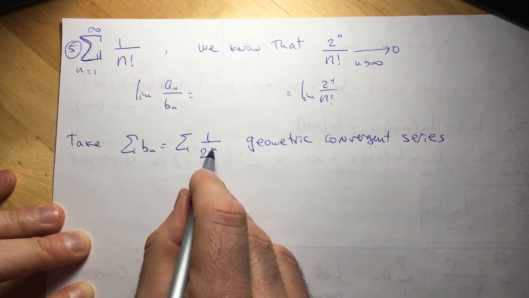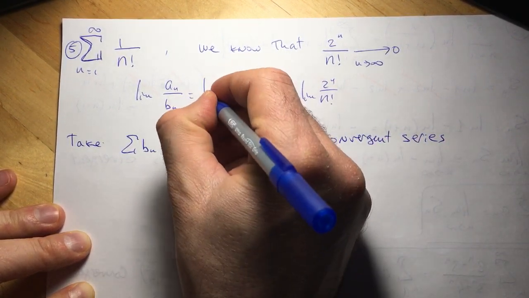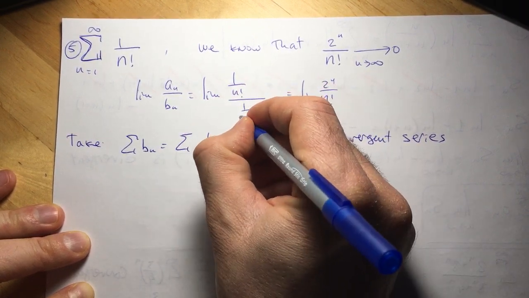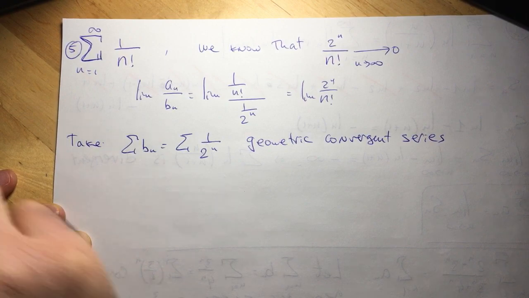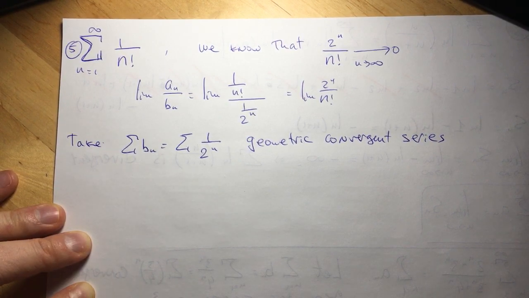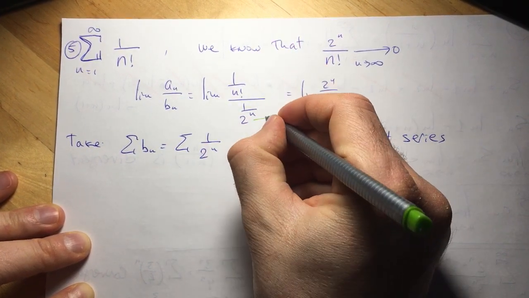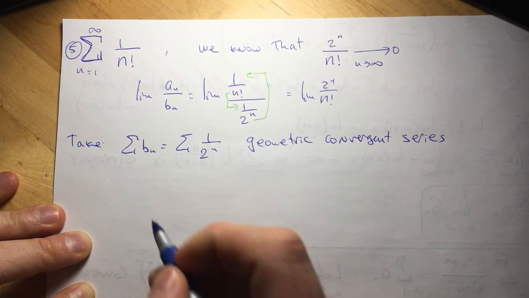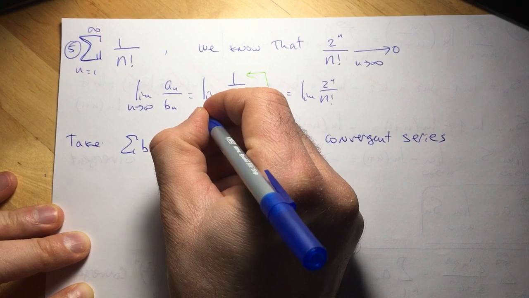And then if bn is 1 over 2 to the power of n, this is the limit of 1 over n factorial over 1 over 2 to the power of n. And now this term times this term, divided by n factorial times 1, gives us exactly what we want.